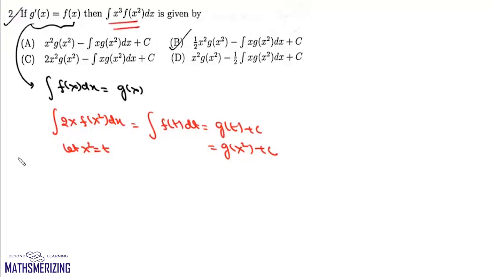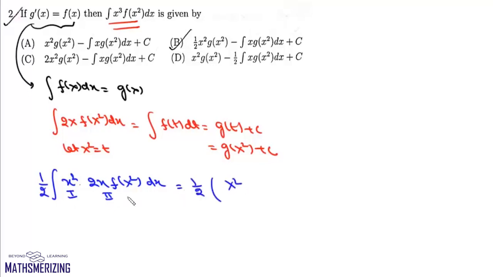Now we'll start solving this question. We'll write this integral as 1 by 2 x square into 2x fx square into dx, and we'll solve this integral using integration by parts. So this is our first function and this is our second function. So we can write this as 1 by 2 and then x square as it is.